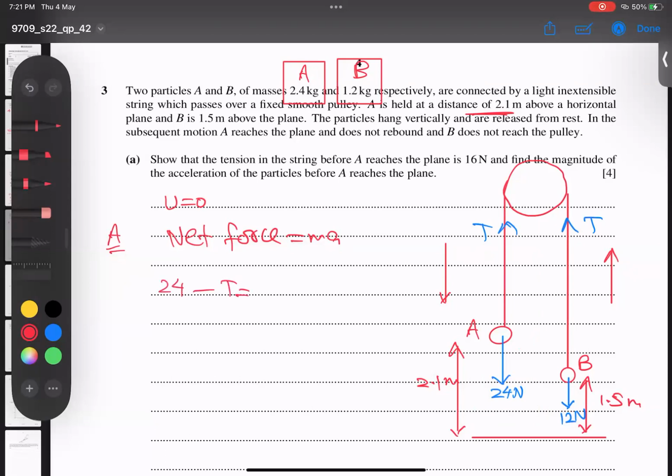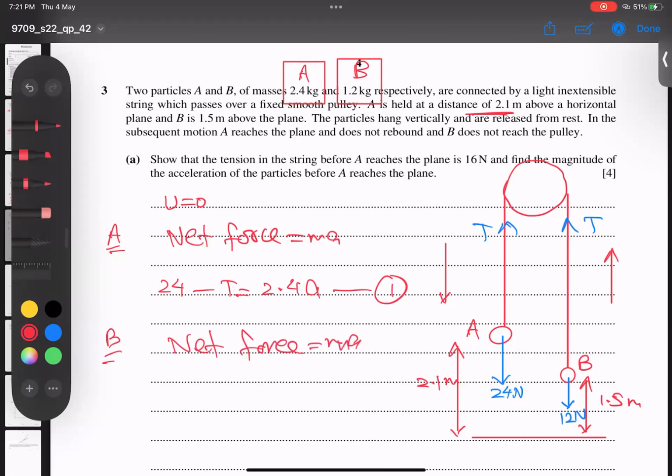What is the mass of A? 2.4, so 2.4 times a: equation 1, done. Now for particle B, B is going upward, as the arrow shows. So tension is bigger and the weight component is smaller. Again the same formula, net force equals ma.